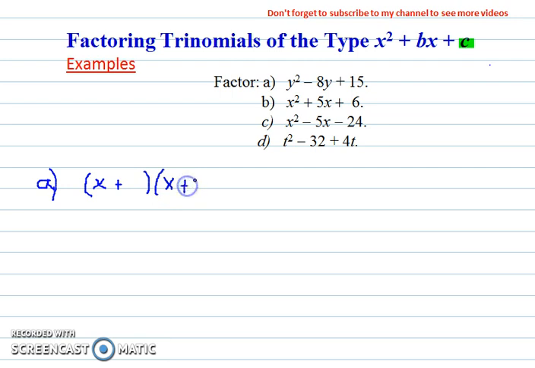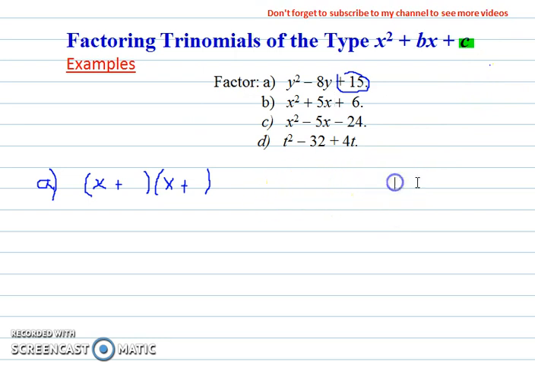We use the plus sign because the sign of the constant term c is positive. Now, what are the two numbers? When you multiply these two numbers, the product gives you 15, but the sum of these two numbers would give you negative 8.